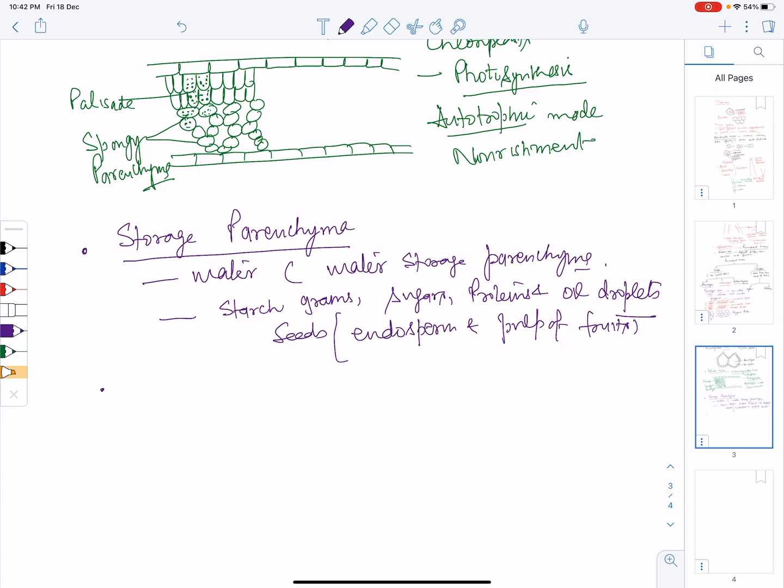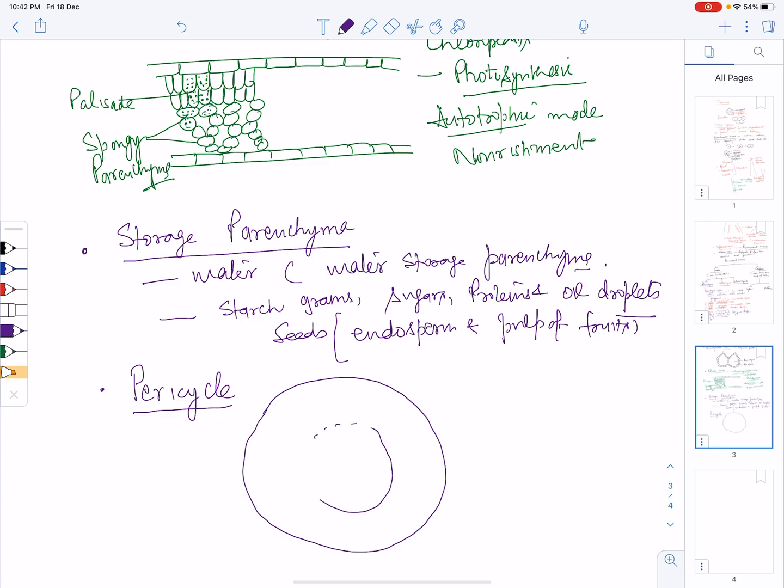Now, parenchyma may also help in formation of pericycle. What is pericycle? Whenever we cut the section or study the anatomy of stem or root, we'll see that this part is the stele part. That is, stele part is having the vascular tissue.